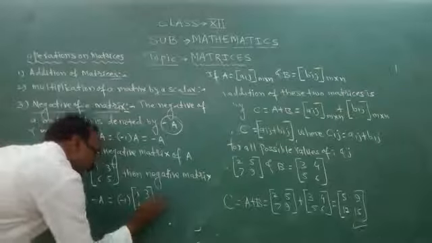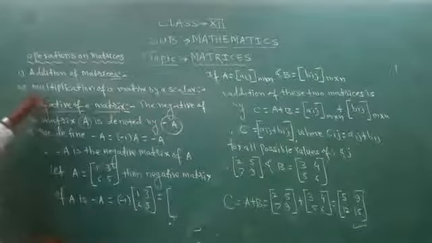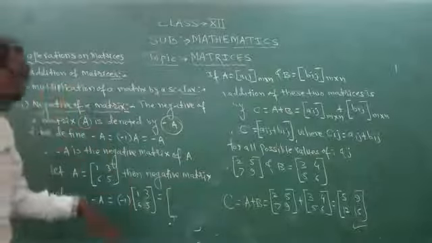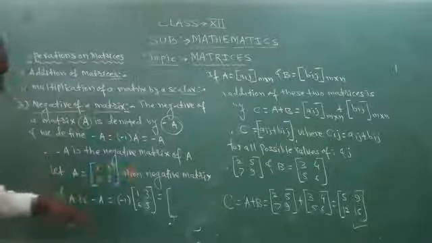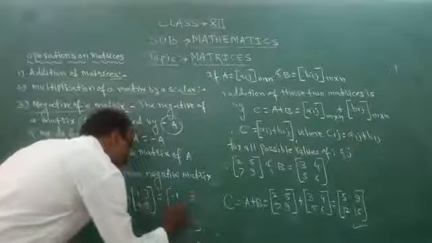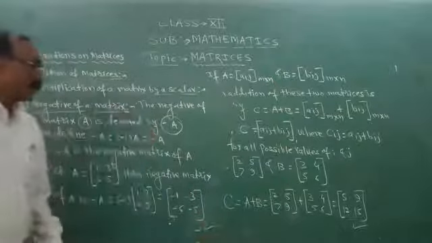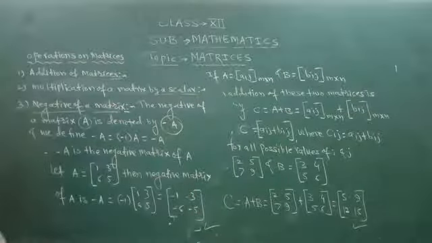When you multiply, just as we have seen in the second operation, multiplication of a matrix by a scalar number, -1 is a scalar number. Then you multiply this, so -1, -3, -6 and -5. So this will be the negative matrix of capital A.